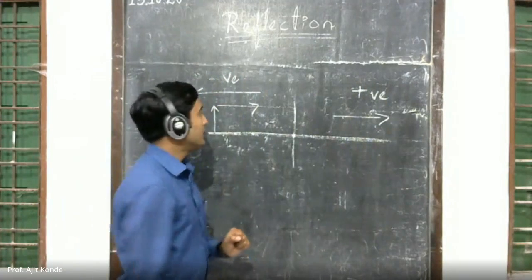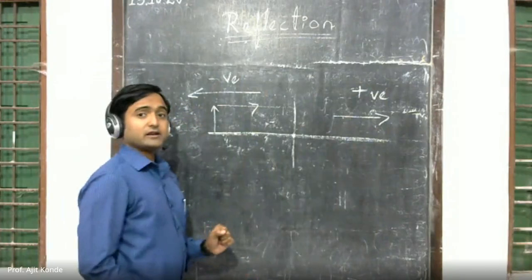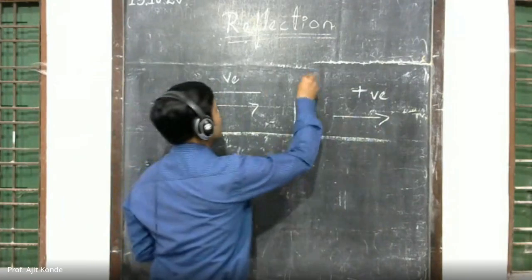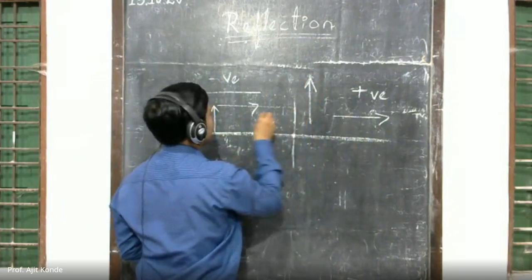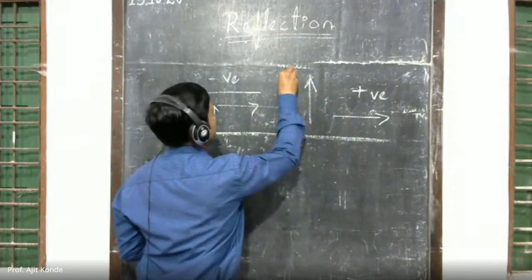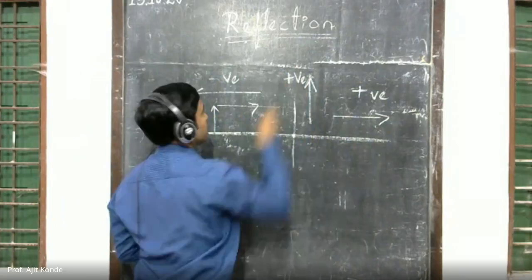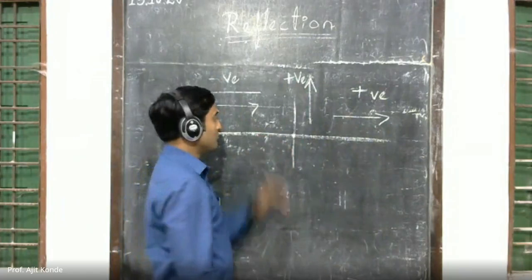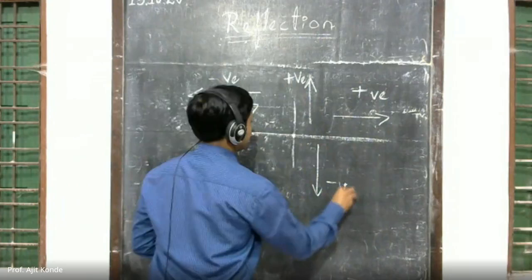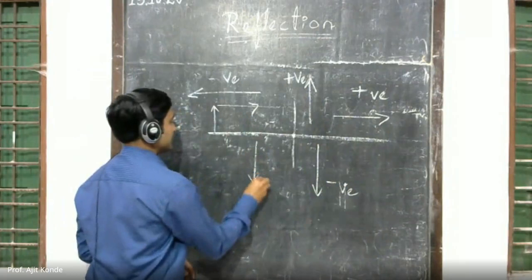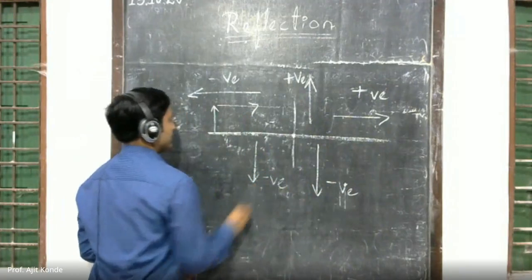If we take distance above the principal axis, that can be left hand side or right hand side, it will be taken as positive. If we take a distance below the principal axis, that will be taken as negative. And it is very simple.